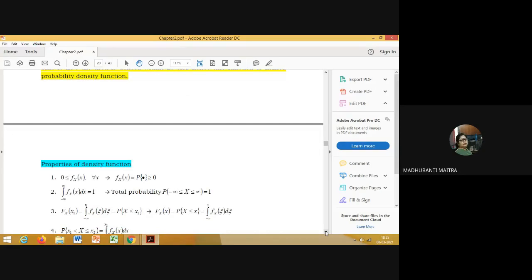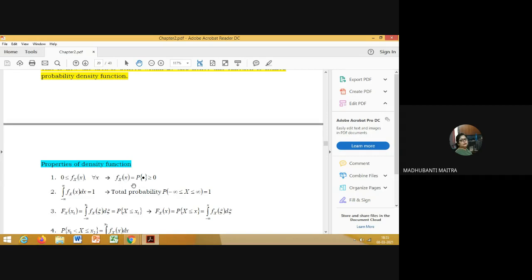Now, properties of density function. Since we know that the density function also gives us probability, hence fx will be certainly greater than or equal to 0, cannot be less than 0 for all x.